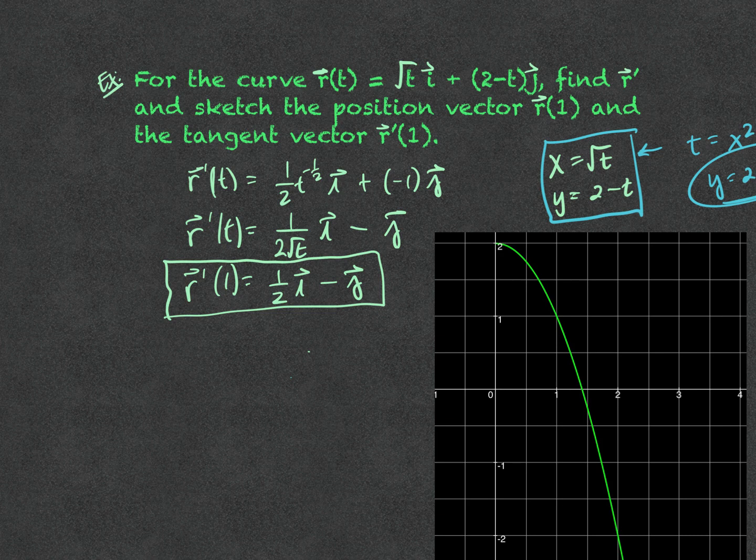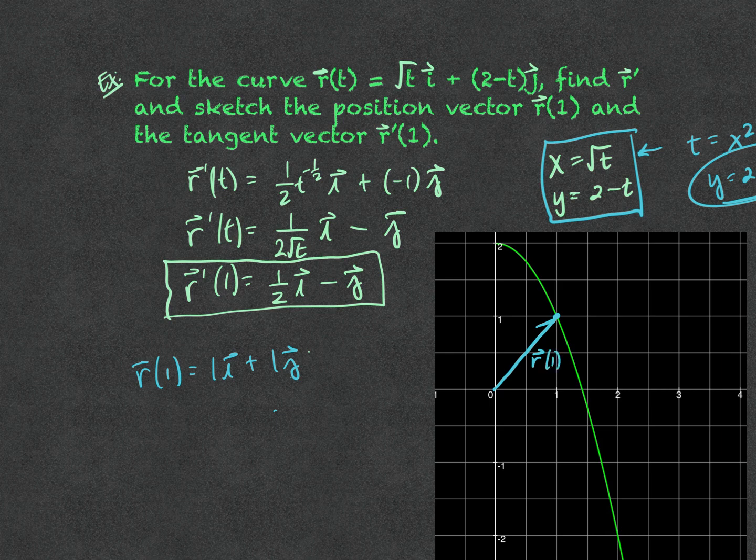And we're supposed to sketch the position vector at r1. So let's find r1. When we plug that in, the square root of 1 is 1i, plus 2 minus 1 is 1j. So that means we have the point (1, 1) right here. This is the vector r at r1.